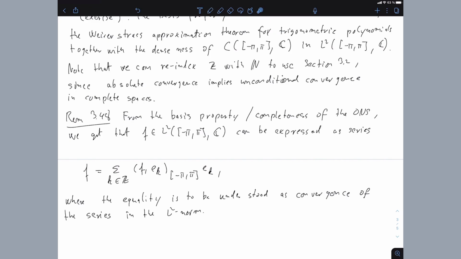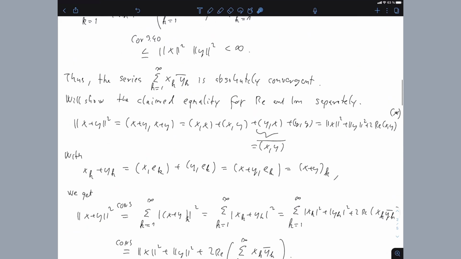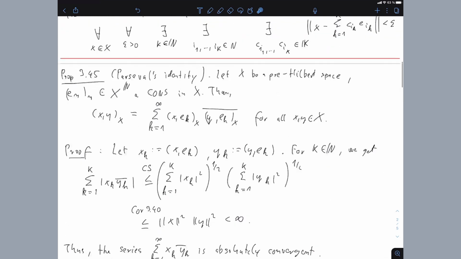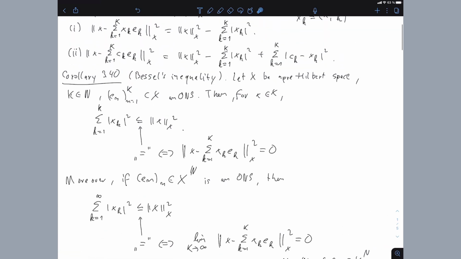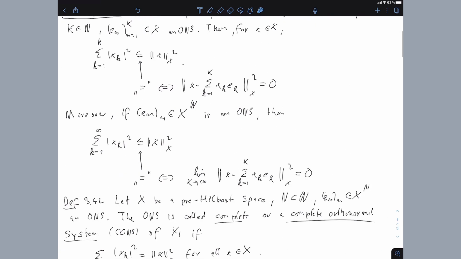Yeah, so let's go back here. We said our orthogonal system is complete if this is equal. And we showed, or at least I referenced, that our complex exponentials form a complete orthonormal system. So that means we do have this equality.